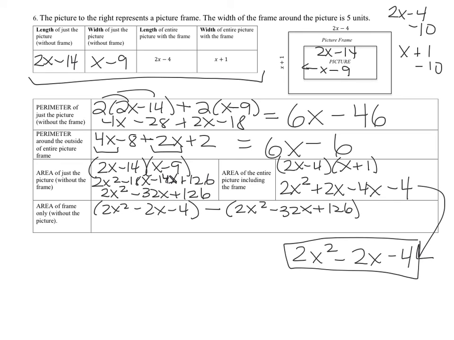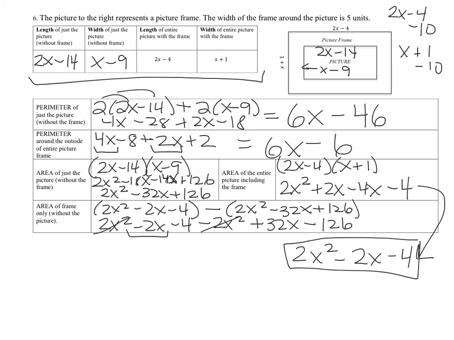And then when I do that, because I'm subtracting, you have to distribute the minus sign to the second set of parentheses. So I'm going to have 2x squared minus 2x minus 4, and then I distribute, so I get minus 2x squared plus 32x minus 126. And then when I combine my like terms, my x squareds cancel out.